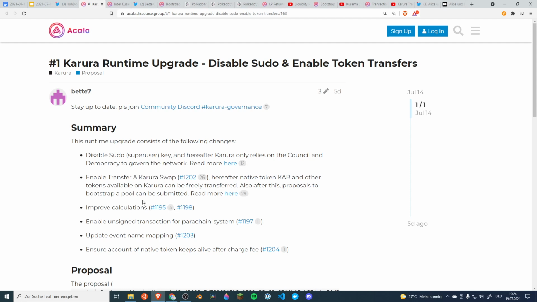Any account can send KAR to any account, and this also means that exchanges could now, in theory, start listing any KAR pair, for example KAR KSM or KAR US dollar and so on. So price discovery will happen at the moment when the first exchange puts it live. And of course, Karura itself will be one of the very first, or likely the first.